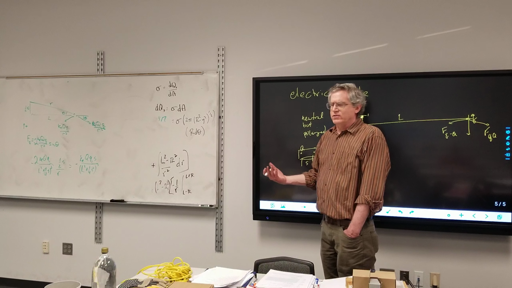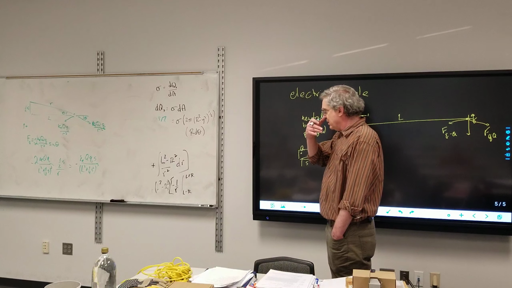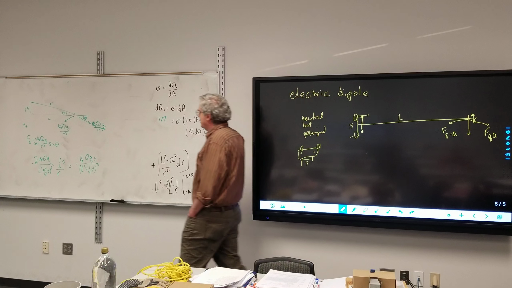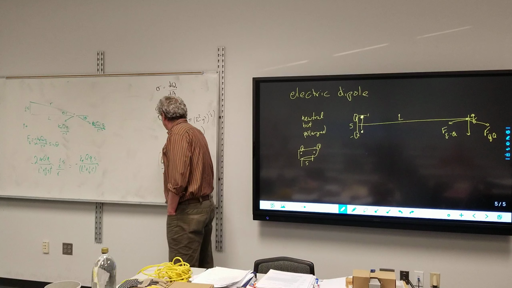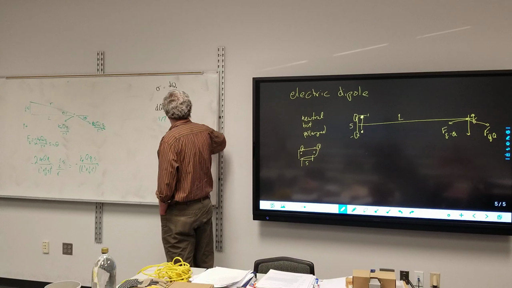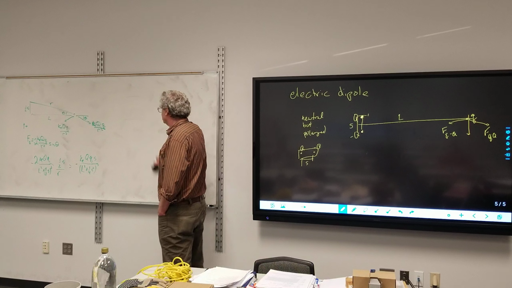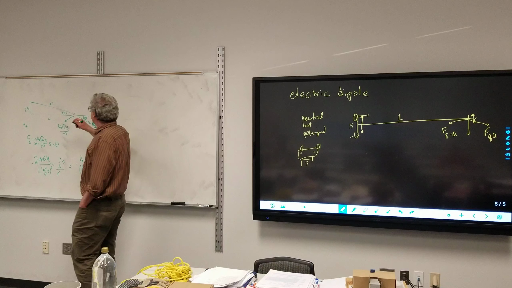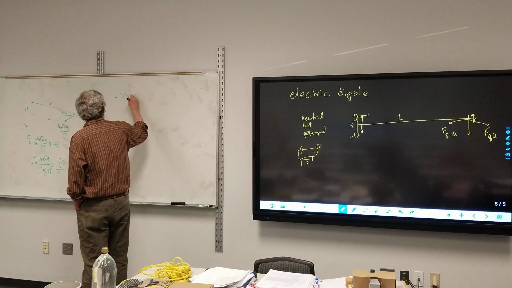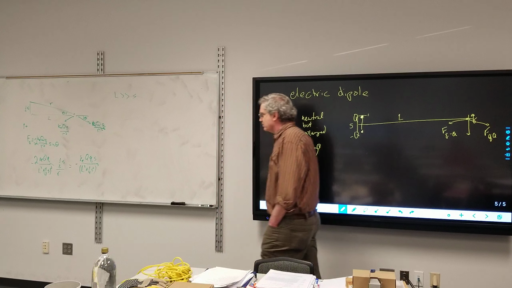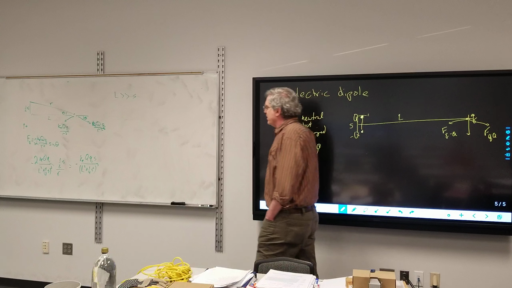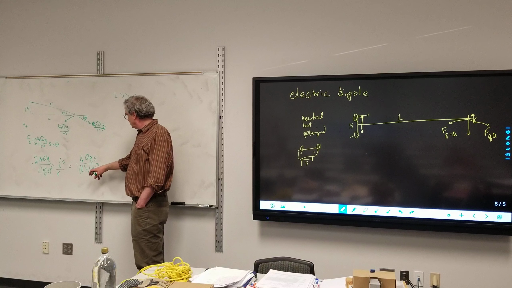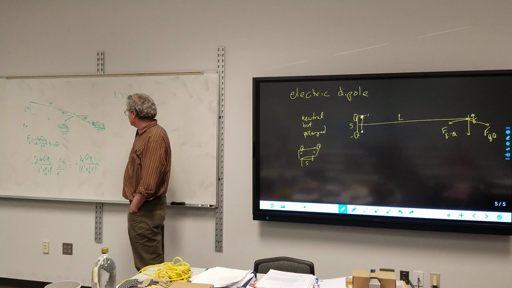Now this is just simple geometry and a little bit of physics. You can do better than this. If L is much bigger than S, then I can factor out... I feel like I lost a square root somewhere.